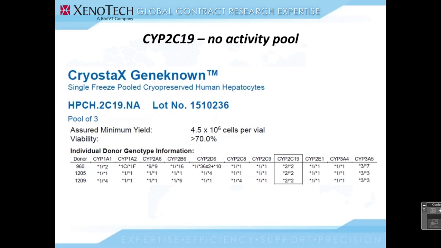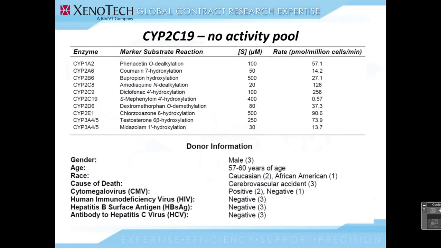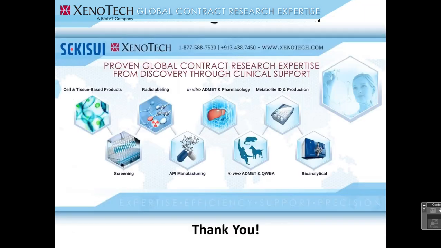Additionally, characterization of all the pools includes metabolic activity of the enzymes characterized with 11 relevant marker substrates for major CYPs, and demographic information combined for the 3 donors present in each pool. I think this is all the time that I have, and I would like to thank you for your attention, encourage your questions, and we'll pass the microphone to my manager. Thank you.